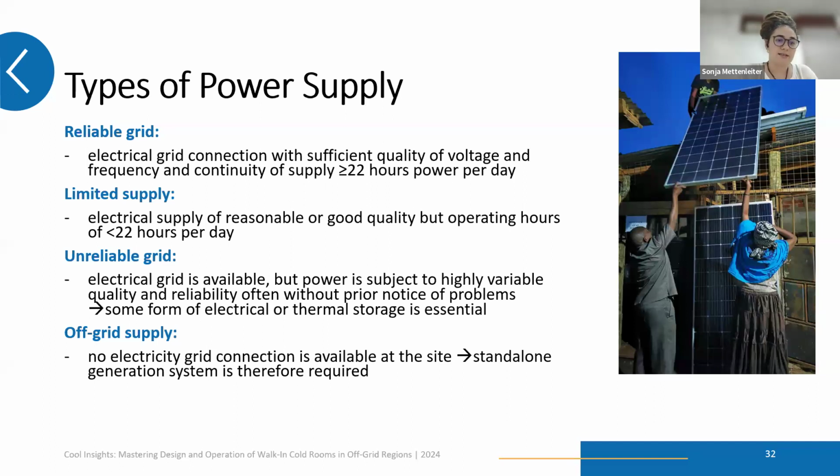So in this case, some form of electrical or thermal storage is essential in order to run a cold room. Then we also have the off-grid supply, where there is no grid electricity available at the location. In this case, you will need a standalone power generation system.